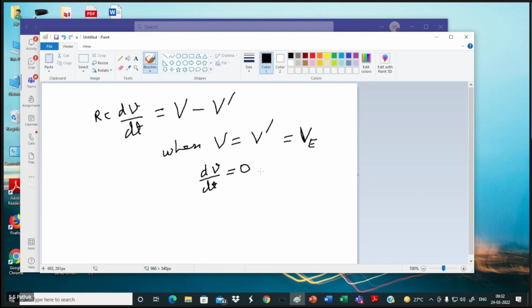And this will imply the voltage at operating point.